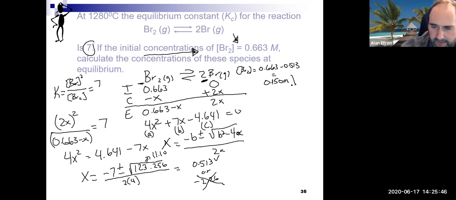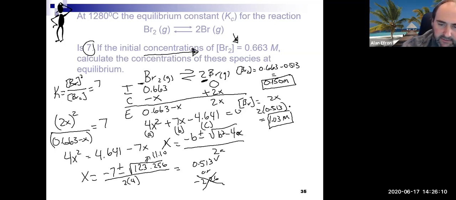And it is molarity, since we are doing a concentration. And Br would equal 2 times x, which would be 2 times 0.513. And if we do that, 2 times 0.513 gives us 1.03, we'll call it, as our equilibrium concentration of each of those.